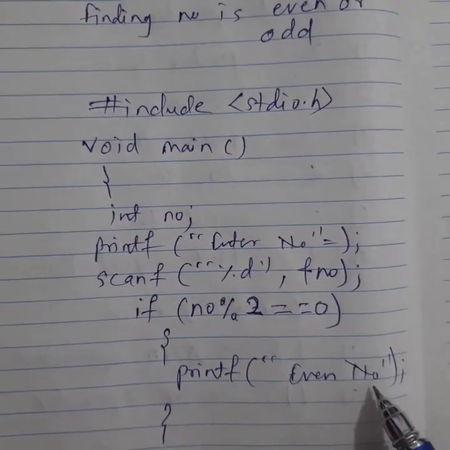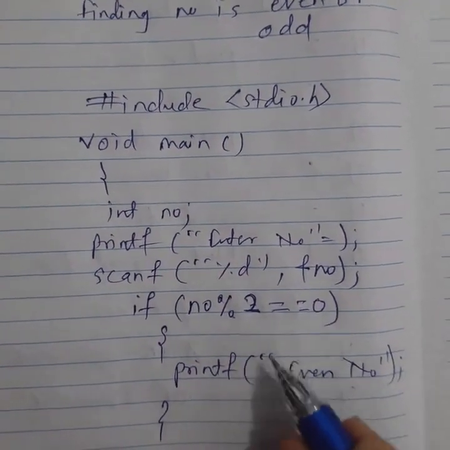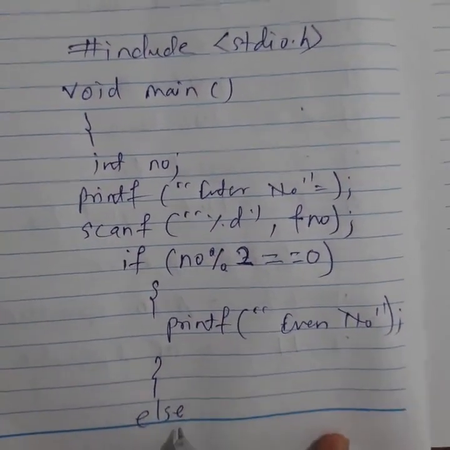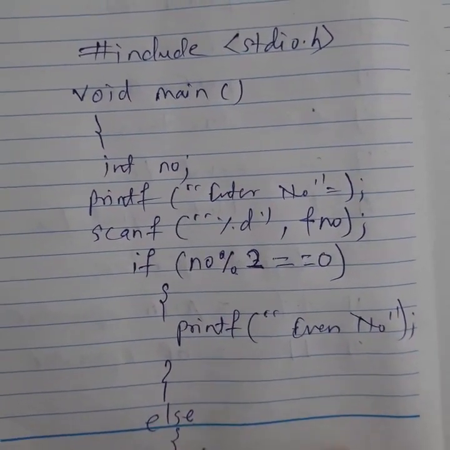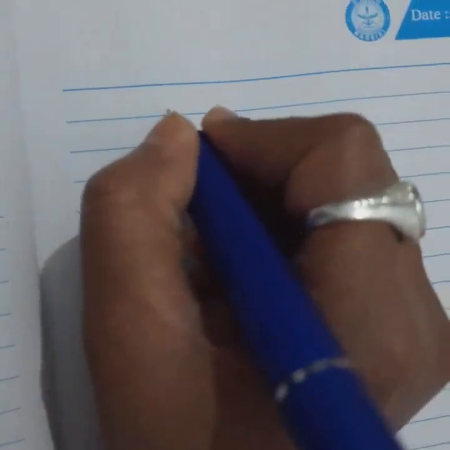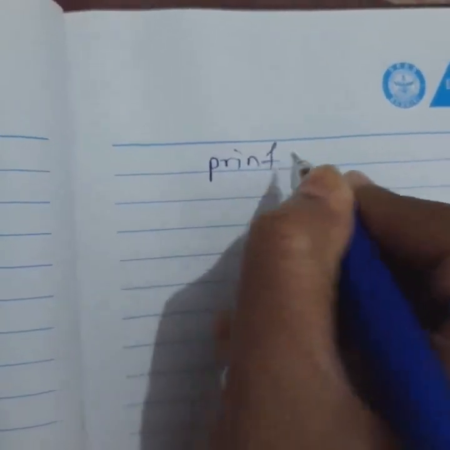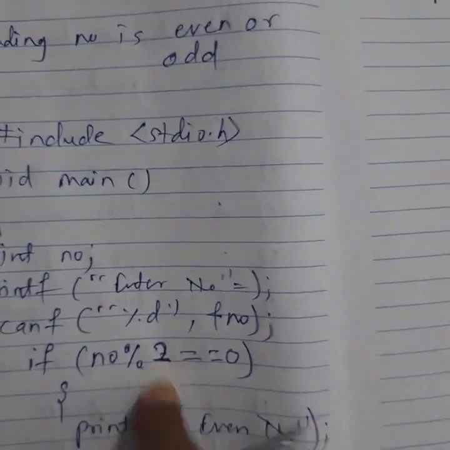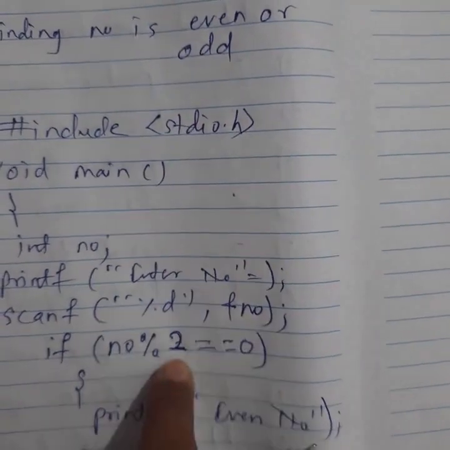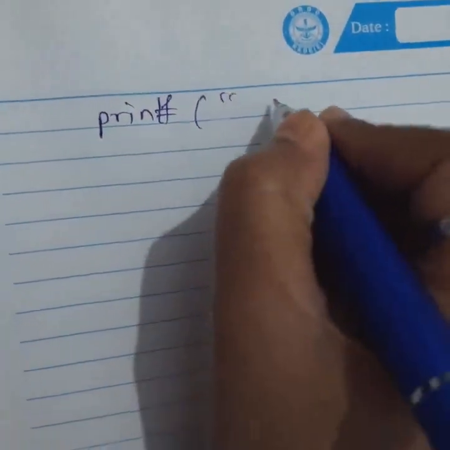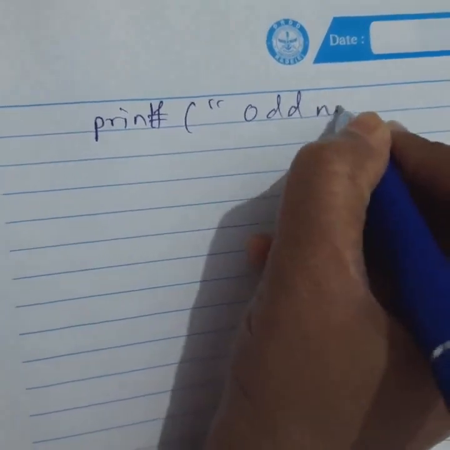That number does not satisfy this condition, meaning it is not divided by 2, so it is an odd number. Printf entered number is odd number.